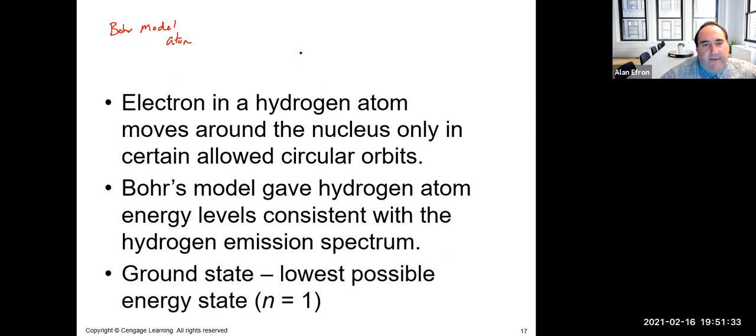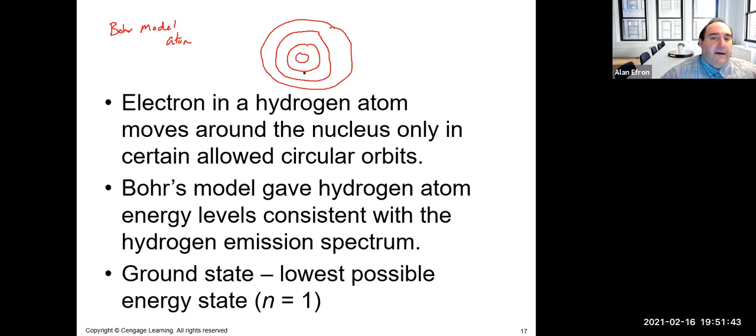Basically you have the nucleus in the middle, and then you have an orbit, another orbit, another orbit, where n equals 1 is the ground state. We'll call this n equals 1, this n equals 2, this n equals 3.